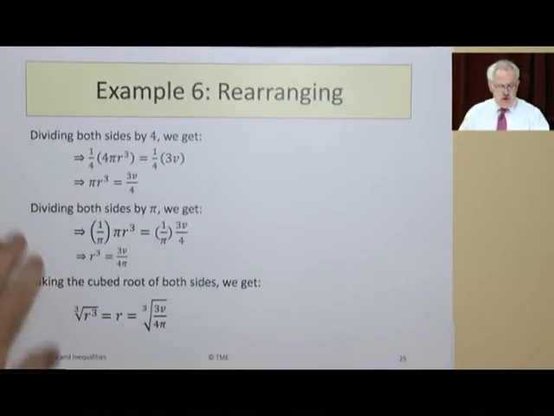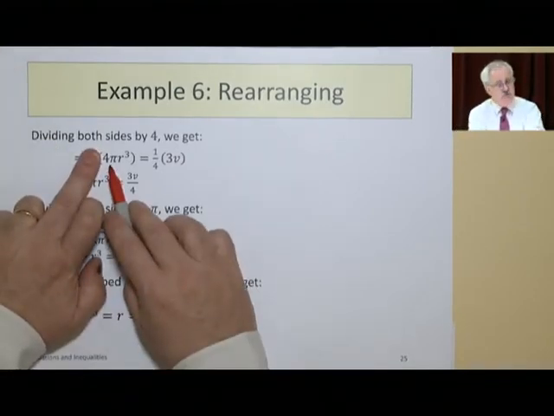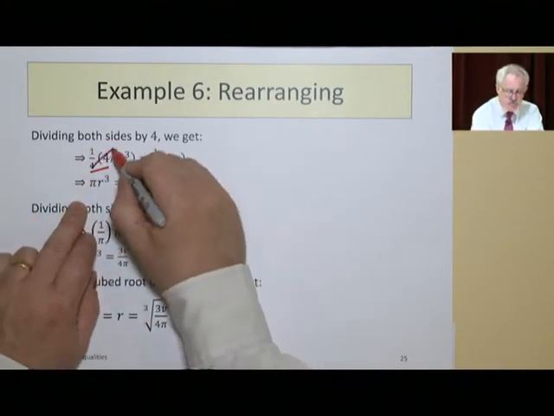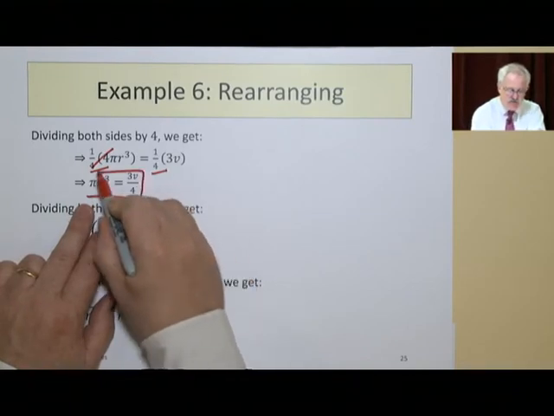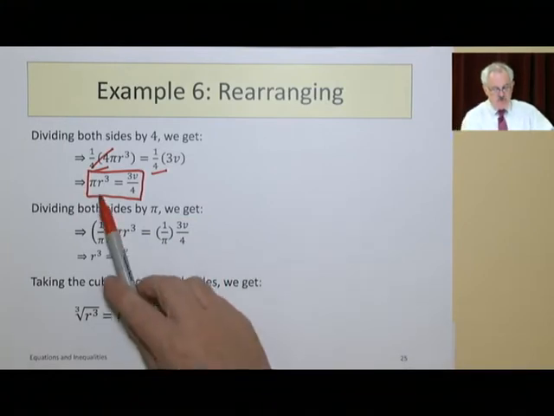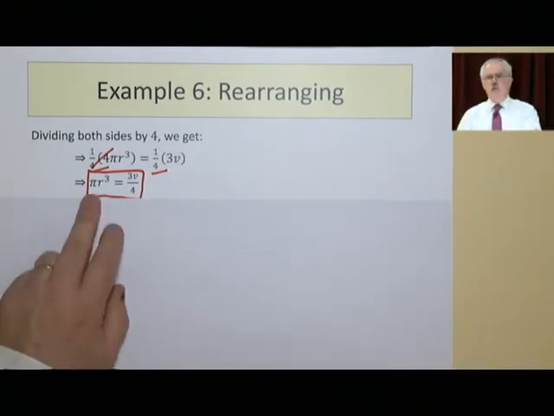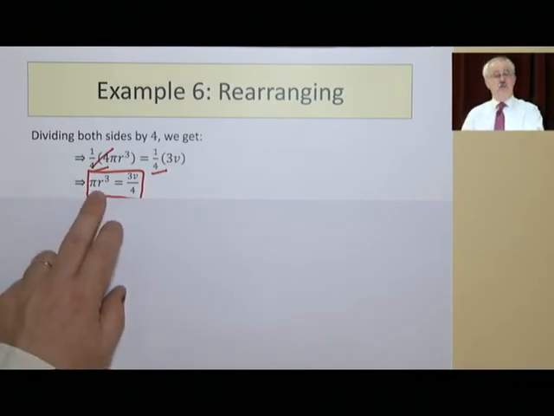Well, 4 pi r cubed is okay, but I'd prefer if it was just one of them. So if I divide by 4 on both sides, they'll cancel. Pi r cubed is this. And what's pi? A number. What's it doing here? Multiplying.